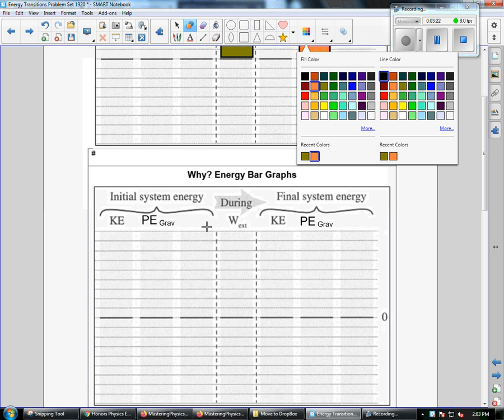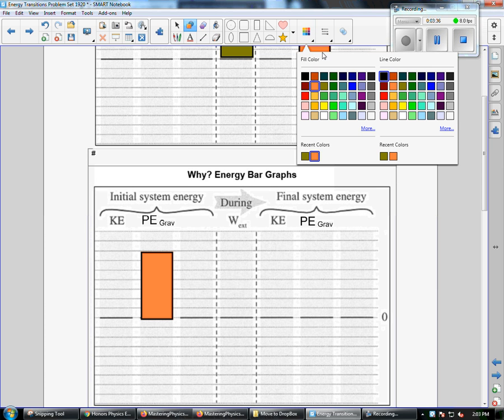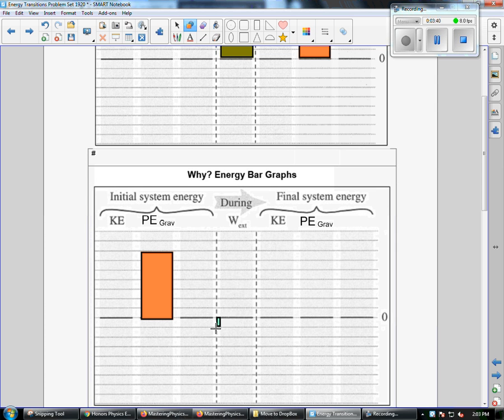So might as well grab the same color just to reinforce that. 7. And then I lower it, and it's back on the ground. Oh, so back on the ground is 0 again. That means I had to do work to lower it, right? I've got to take away energy.